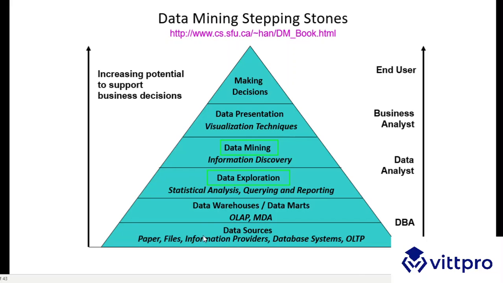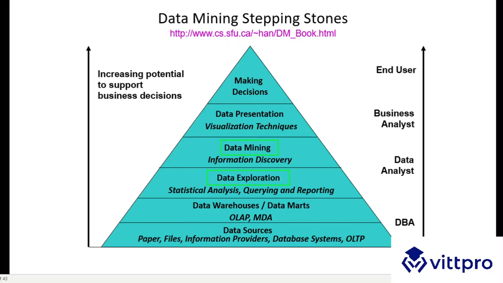After this, the data exploration and data mining help. So there you have much more potential to support the business decisions, and the highest potential is in the data presentation. When you are able to present the data in a simple format or in a summary or synthesized way, then you are able to make the decisions. So that's the highest potential.